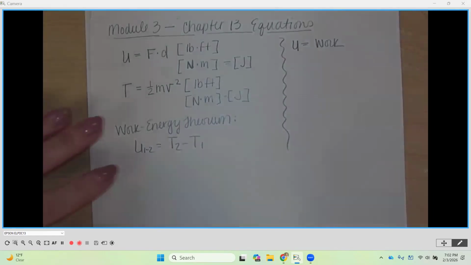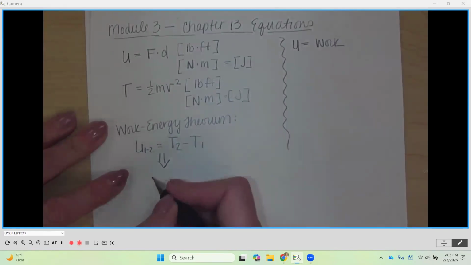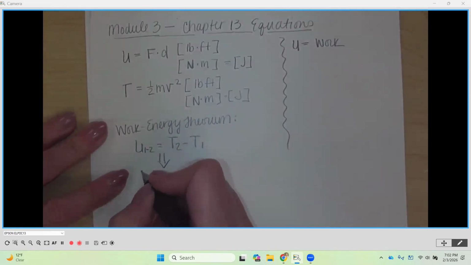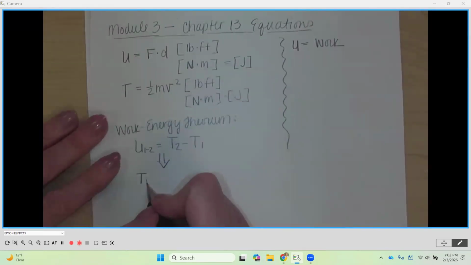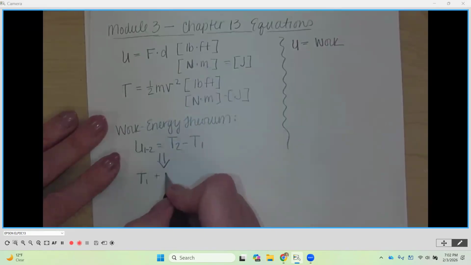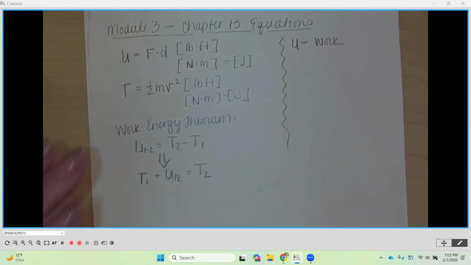Now, we're going to see that we rearrange this many times for the purposes of the problems that we look at, and how the book works them is going to be T1, I'm going to move it to the other side, plus the work is equal to T2.